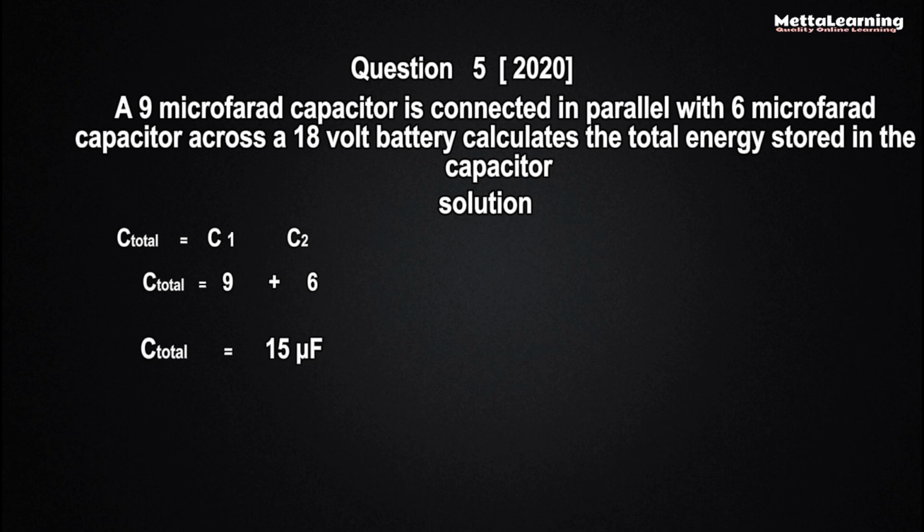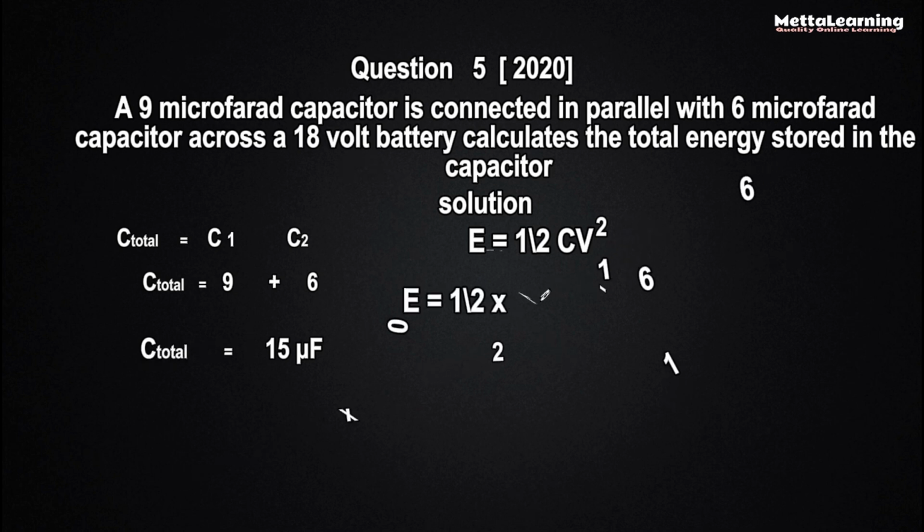So the next thing for us to do is to find the energy stored. We use our formula E equals half CV squared. The C there is the total capacitance of the capacitors, and V is the voltage from our question. So when we plug this in, we have half times 15 times 10 to the power minus 6 times 18 squared.